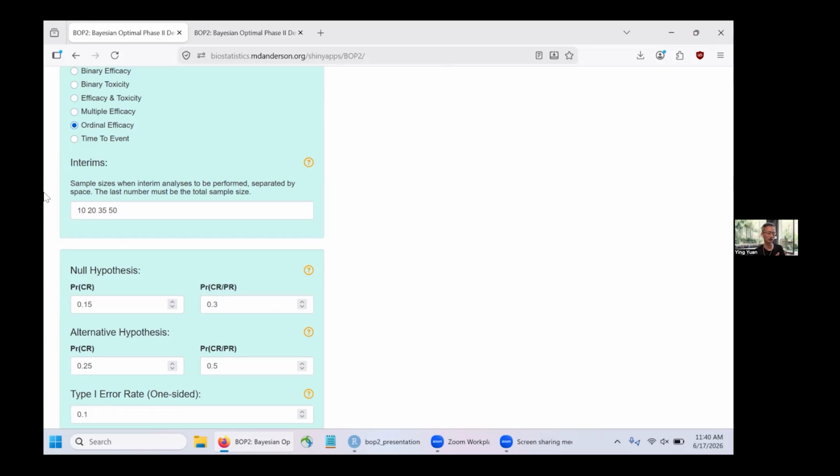Remember, when you have multiple efficacy endpoints, you have to specify the correlation, because we consider those two conceptually separate endpoints that may correlate. But in here, you will notice we don't ask you for the correlation because we assume they are nested. You don't have to specify the correlation because it's one endpoint. It just has different cutoffs for the levels.